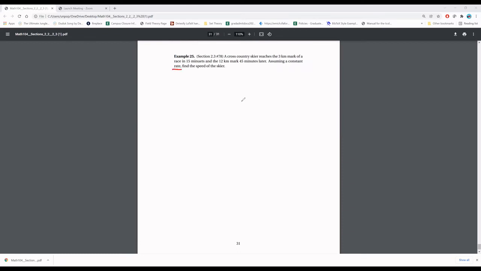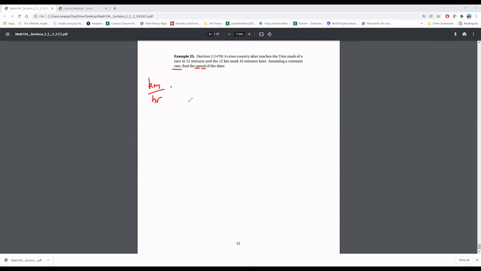Rate to me implies a slope. In fact, speed is a rate of change. What are the units on speed? Well, usually it's in kilometers per hour.